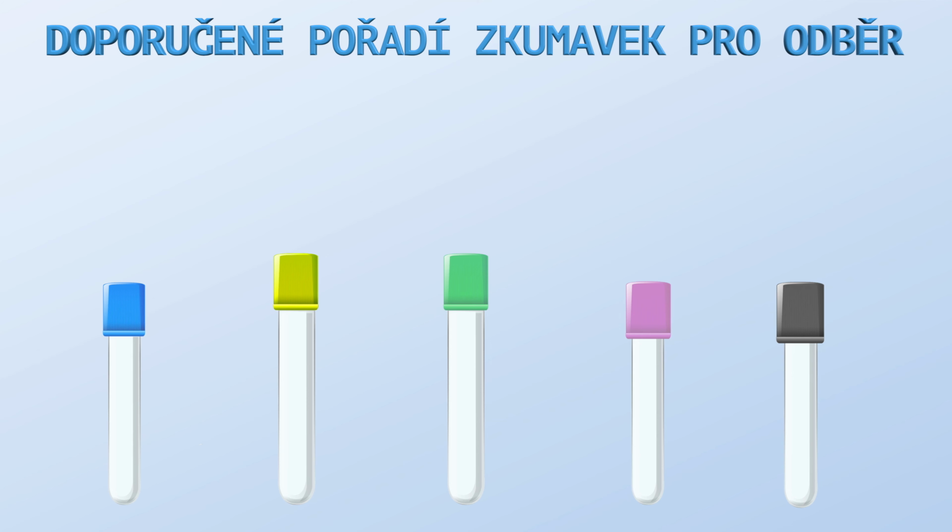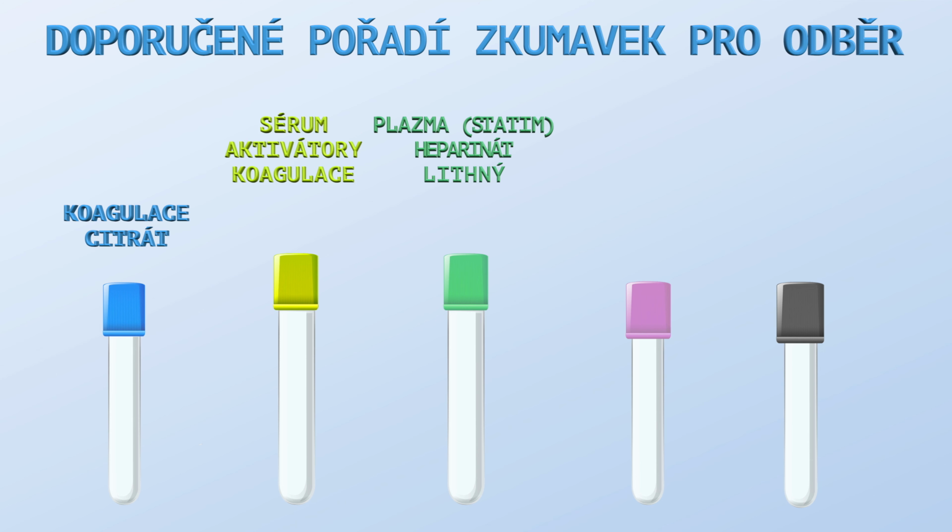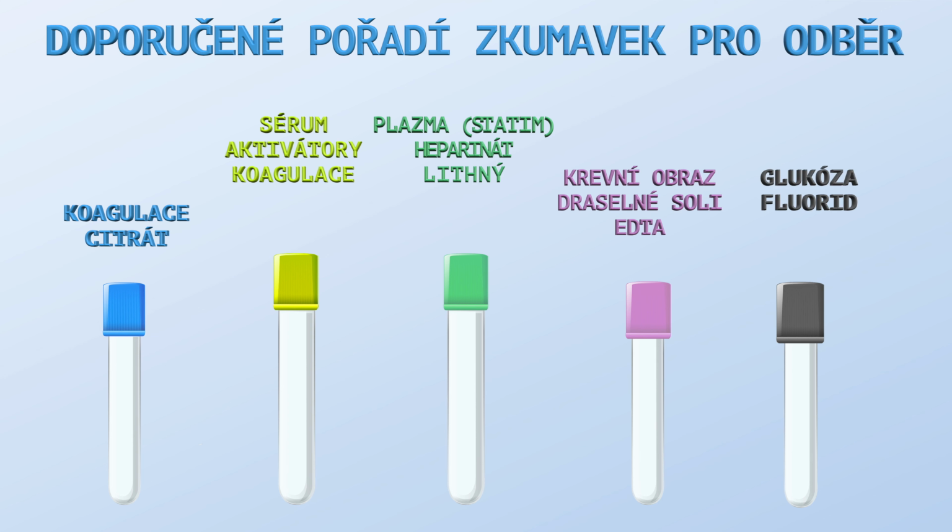According to the VHAO recommendations, the tubes are collected in the following order: coagulation, serum, plasma, blood count, glucose.